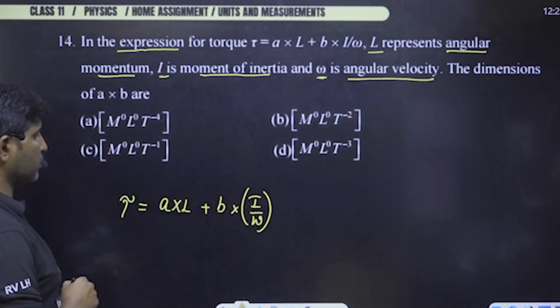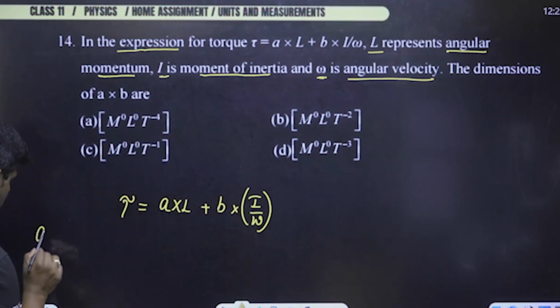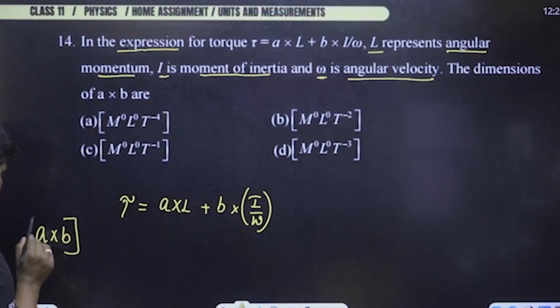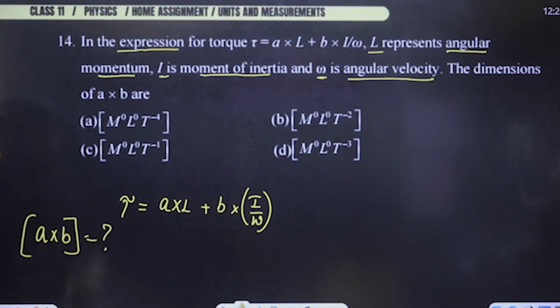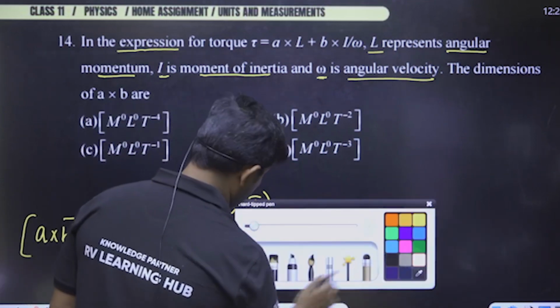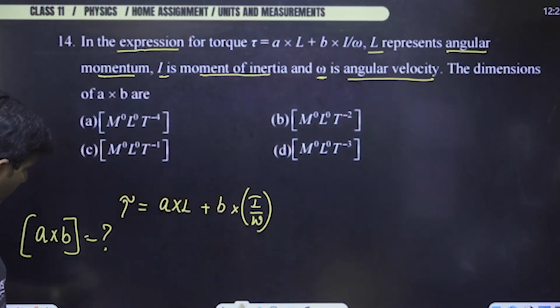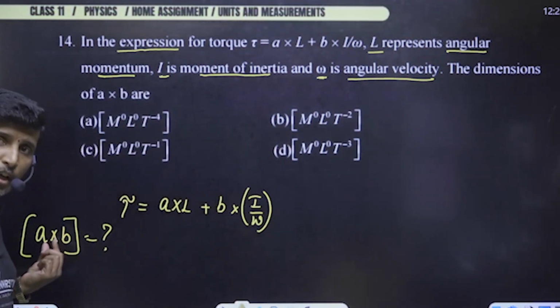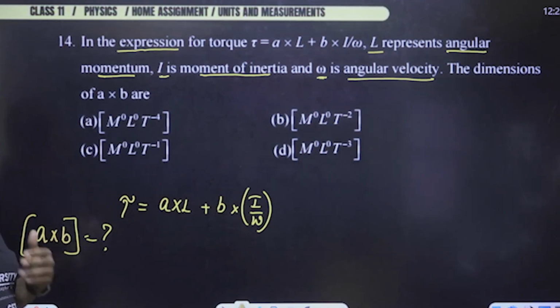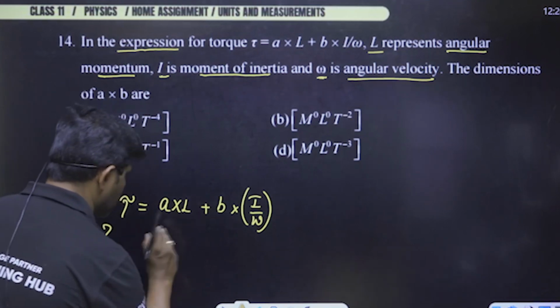Then we have to find out the dimensions of A into B. So if I want to know the dimensions of the product of A and B, I should know the dimensions of A and the dimensions of B. Is it right? Therefore, please observe this.